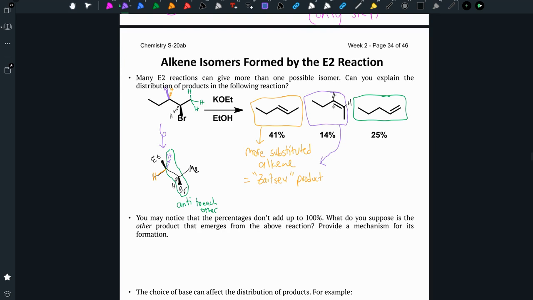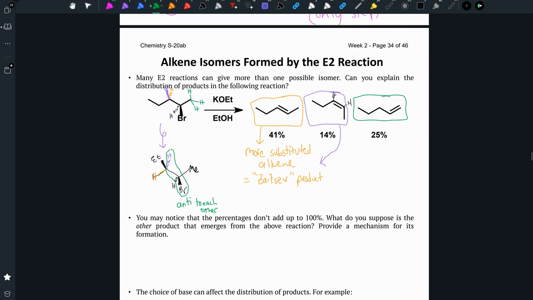Now, between those two, generally the trans one or the E one will be a bit more stable because there's less of the two big groups bumping into each other. So generally, we'll tend to make the Zaitsev product, either mostly trans with some cis.